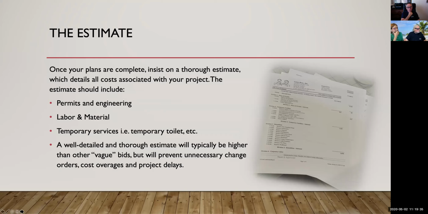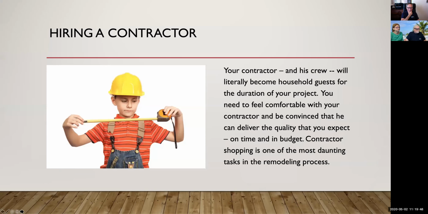But it'll prevent unnecessary change orders, cost overages, and project delays. So as you see on the right, everything's detailed. You can go into the grocery store these days and get a printout of what you purchased, and the same should be true when it comes to your building project.